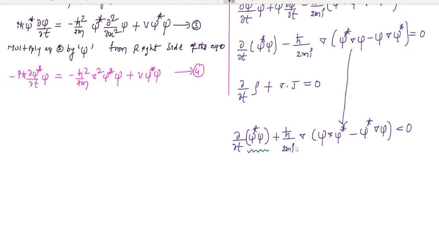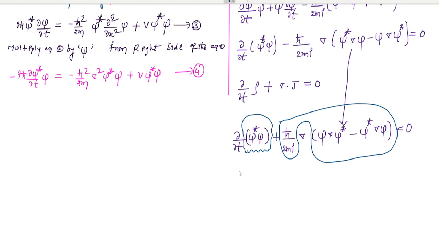This term represents the current density term. Very, very important equation, this one. So this is known as the continuity equation from the non-relativistic Schrodinger wave equation.